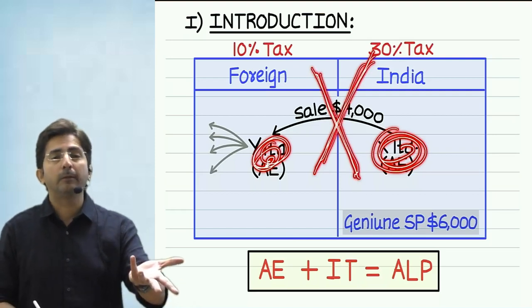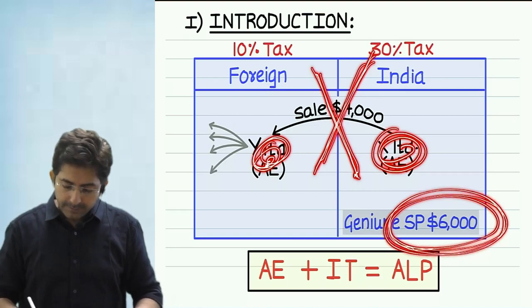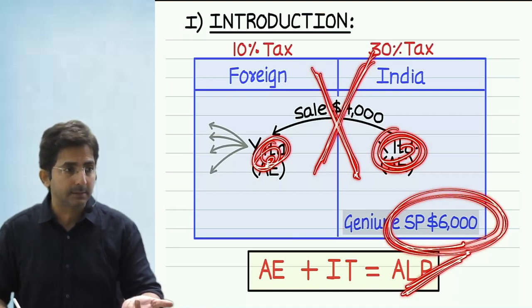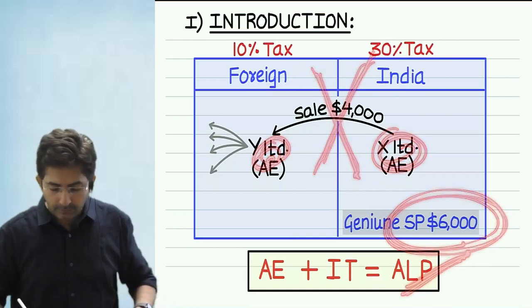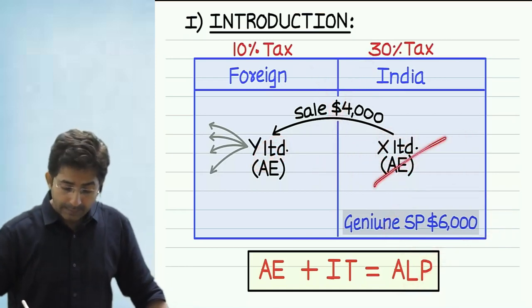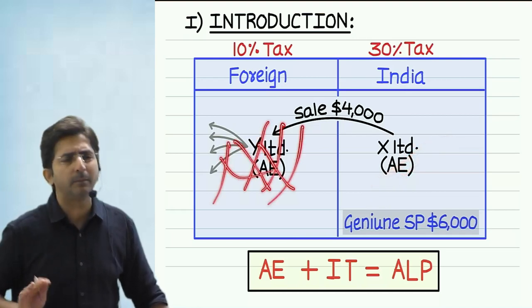So what will the government do? They will find out the genuine price, which is called the arm's length price, and whatever shortfall is there in the price, that difference shall be added to the income of X Limited. See, in this whole chapter we are targeting X Limited. The Indian government has no connection with Y Limited.